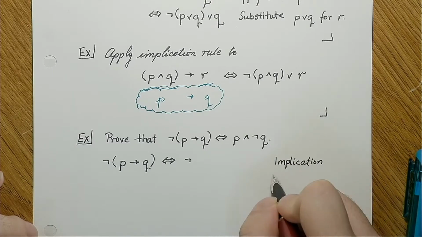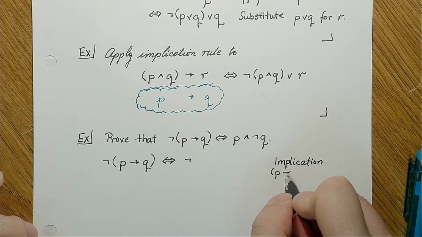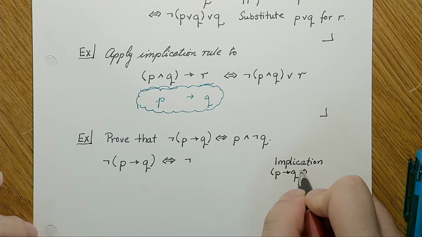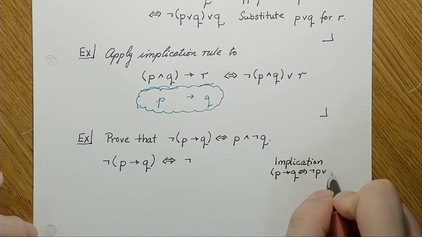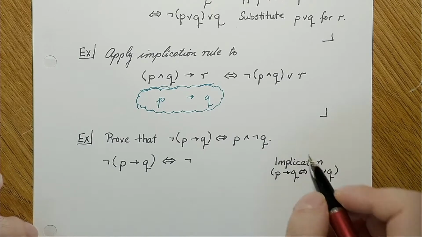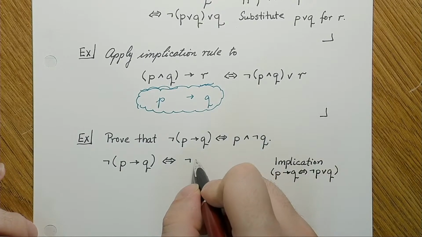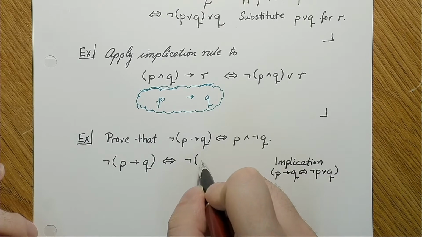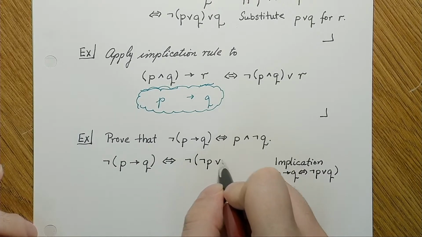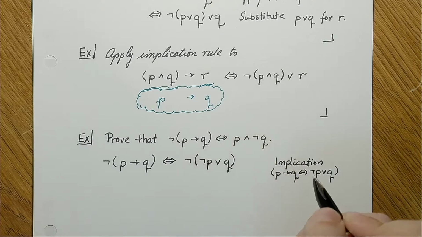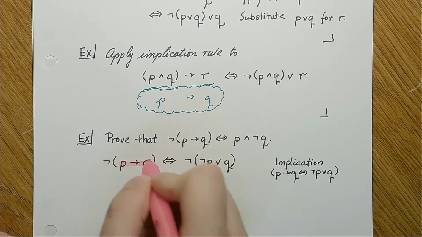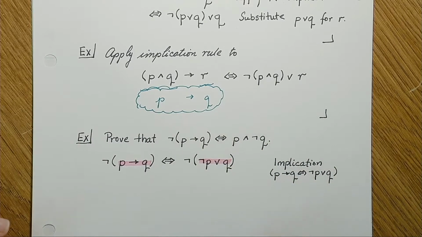So inside those brackets, I'll just put the not P or Q. So this is what we've done.